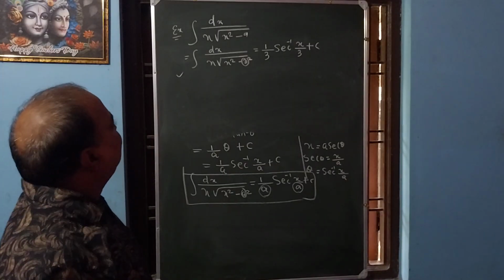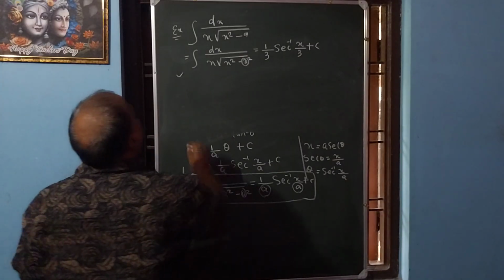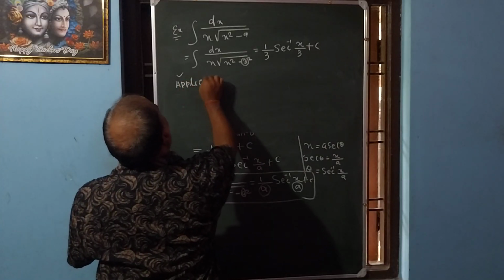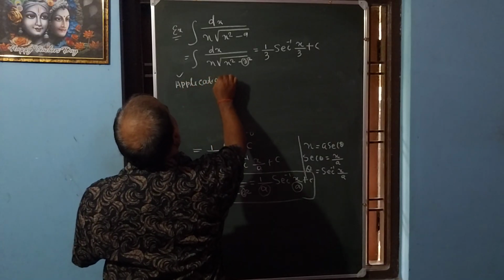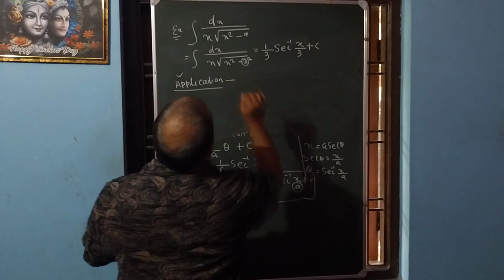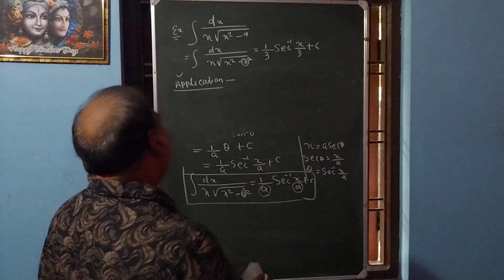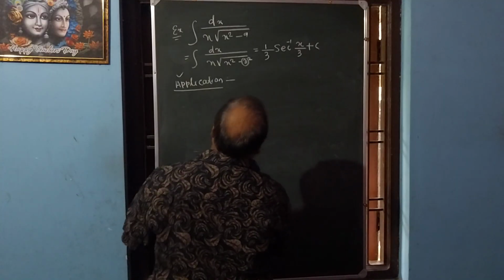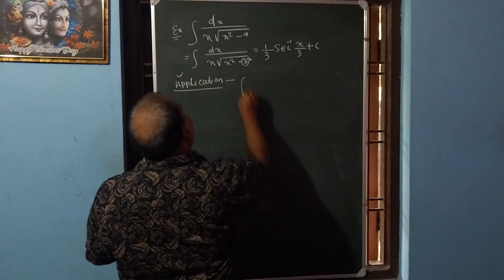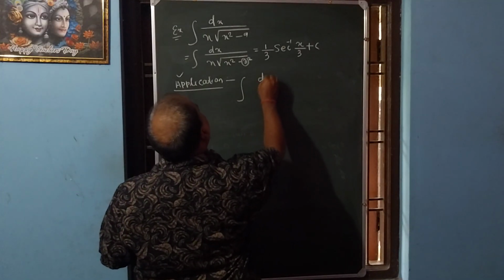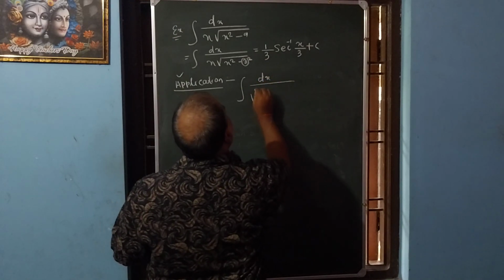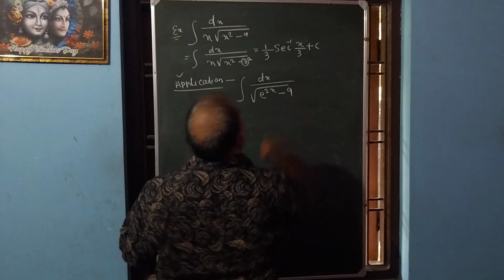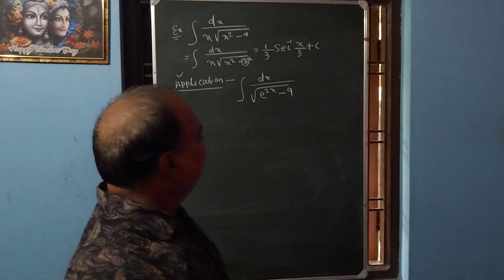Now write down an application. How can you apply this formula? Take one example: integrate dx upon root over e to the power 2x minus 9. The question is coming like this.